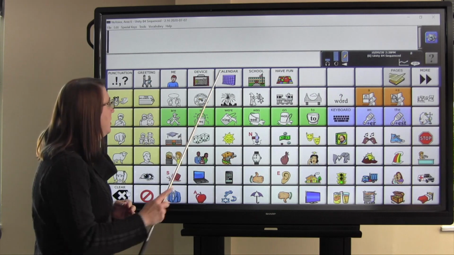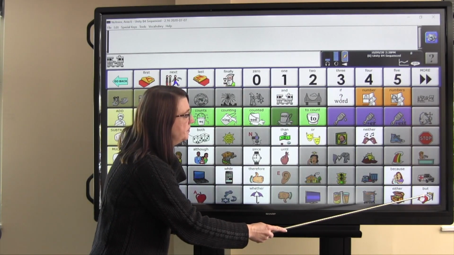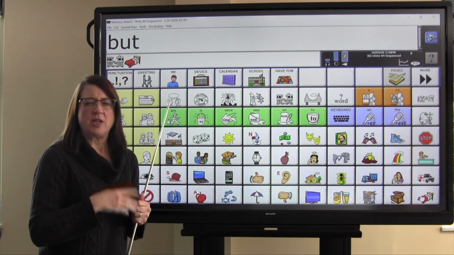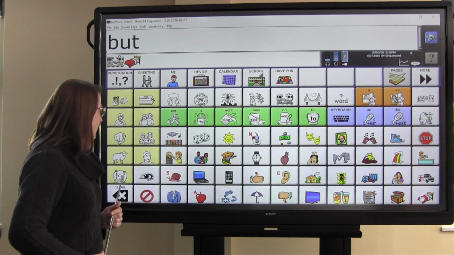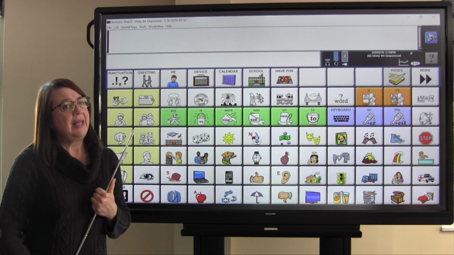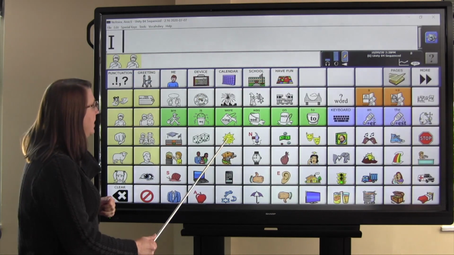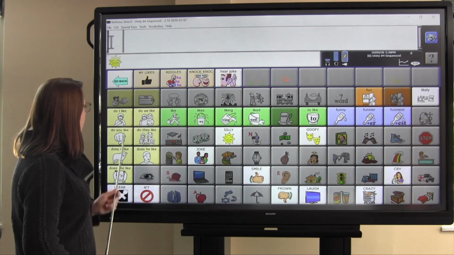And so but is our conjunction key plus the bed. But. I always think of it, if I were talking to my kids, I might say, get your butt in bed, right? So that's a little play on words. So let's say, I like purple, but I don't like green. Oops, I double hit that by accident.